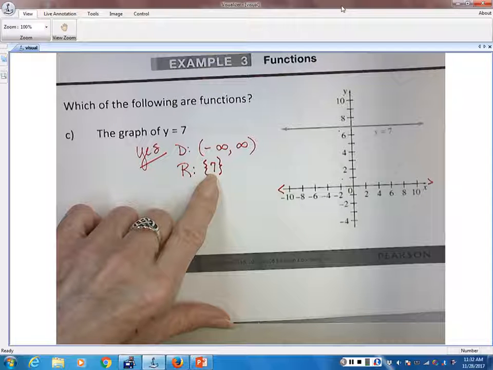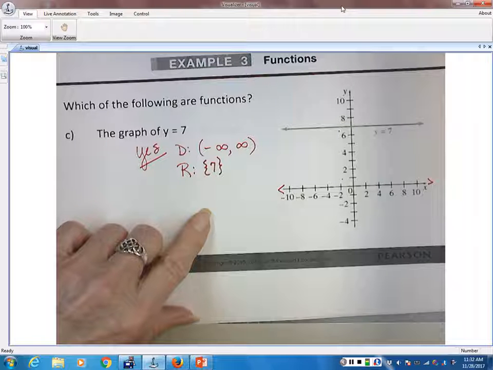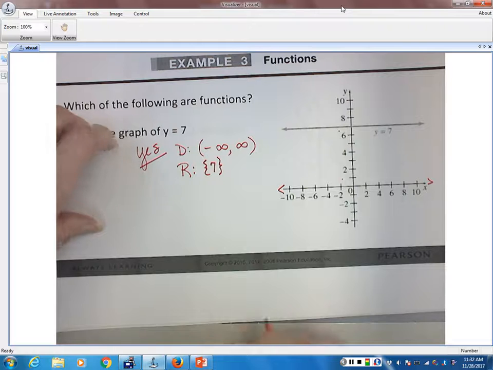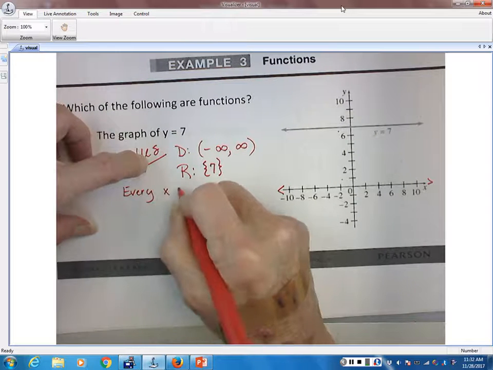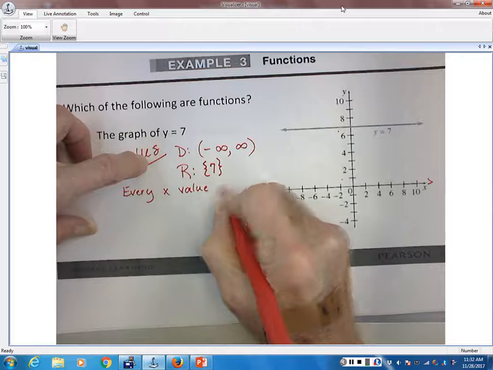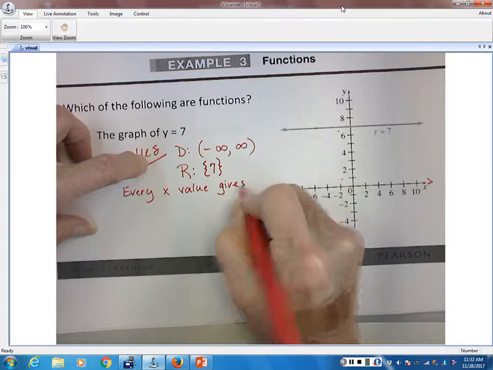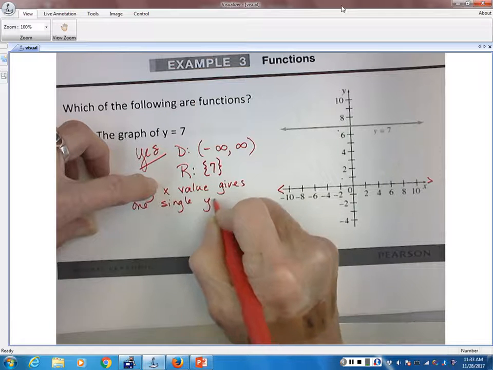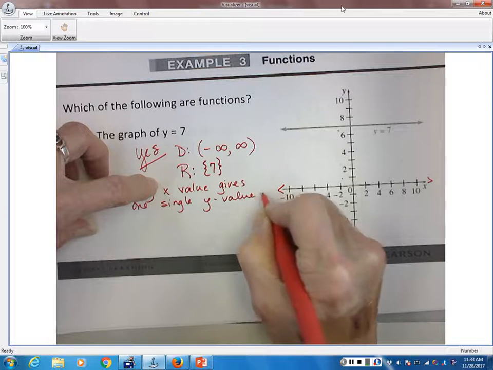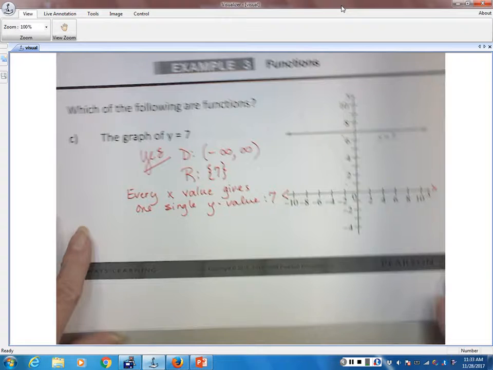Okay? But the fact that everybody goes to 7 doesn't matter, because that's still a function. Every single x has one value. And that single value is 7. Okay?